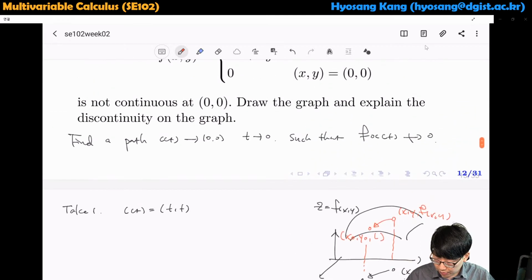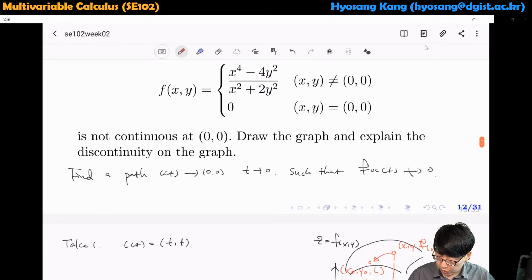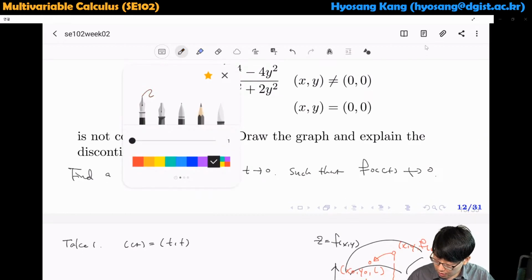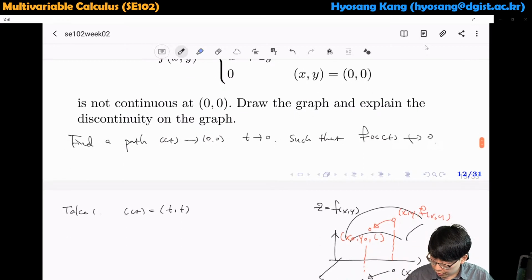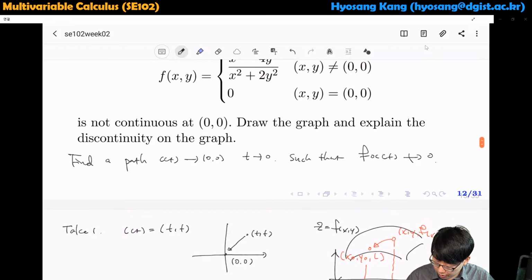And okay, so go back to our function example. Let's try this trajectory. So basically it's approaching (0, 0) at a 45-degree angle, so (t, t). Let's take the composite f(c(t)).